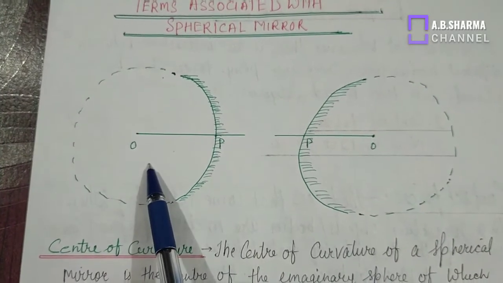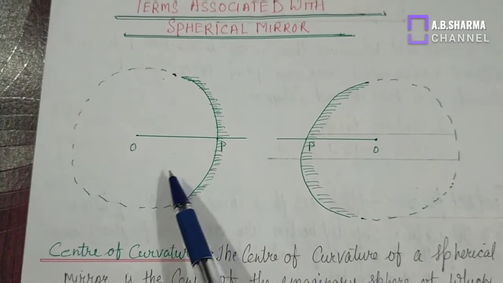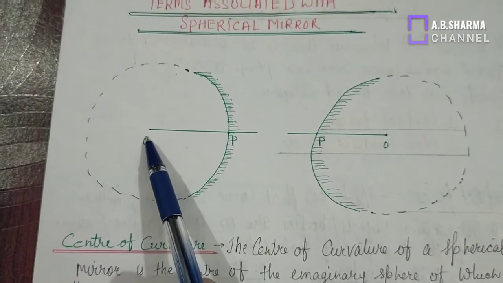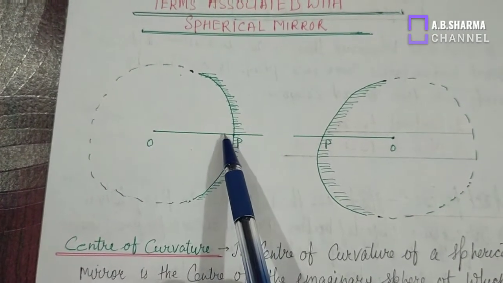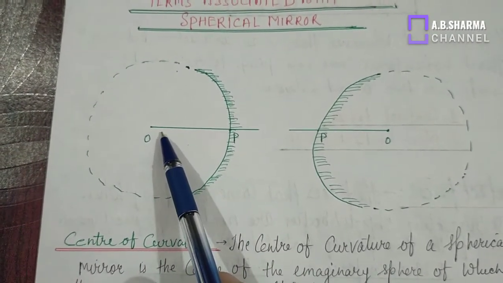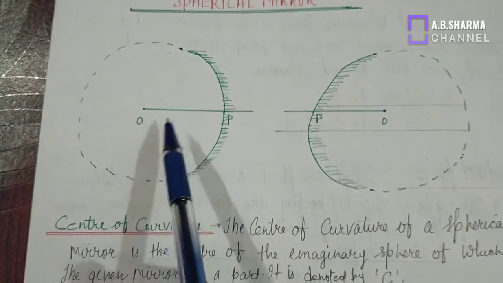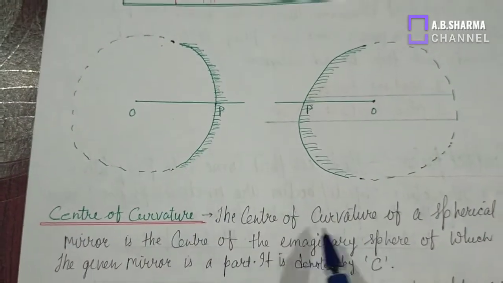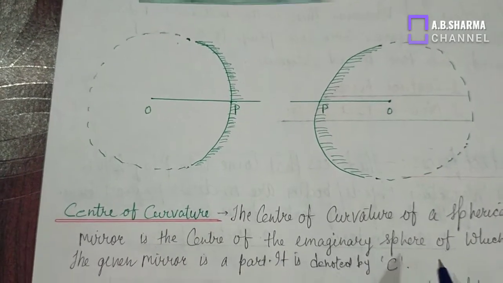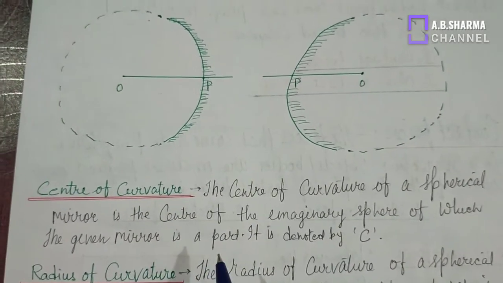If this mirror is a part of an imaginary sphere, then it has its center and radius of curvature. As you have already studied, in a sphere there must be a center and a radius. So the center of curvature of a spherical mirror is the center of the imaginary sphere of which the given mirror is a part.